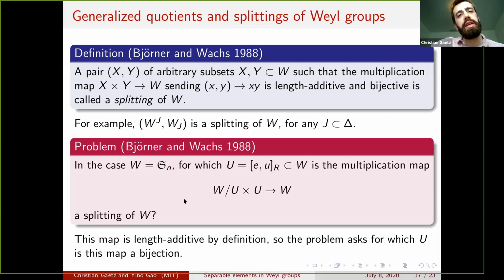Bjorner and Wax gave some examples, but they asked, at least in the case of the symmetric group, for which U, in particular one might focus on the case of an interval in right weak order, is this map a splitting? This map is length additive by definition, but the problem asks for which U this map is a bijection.